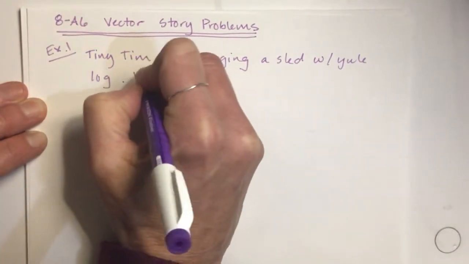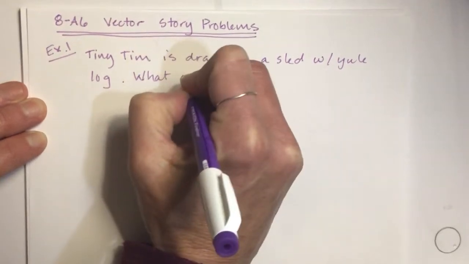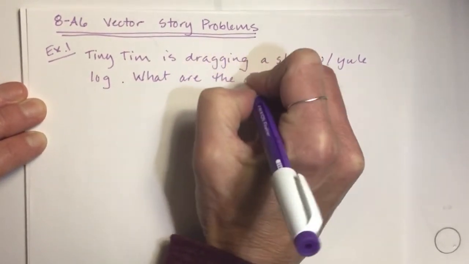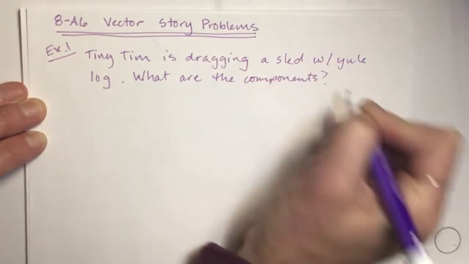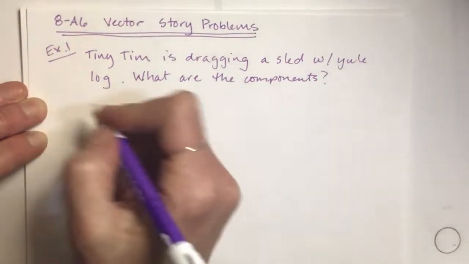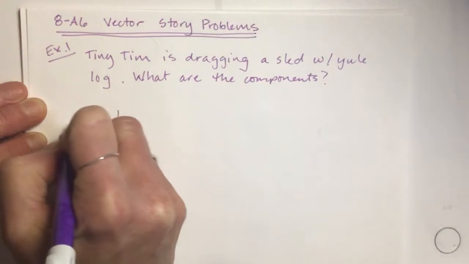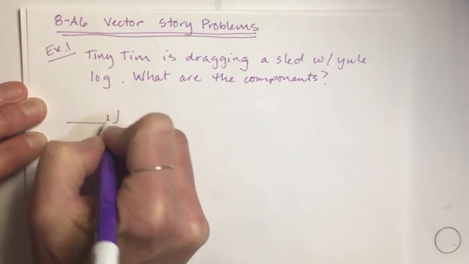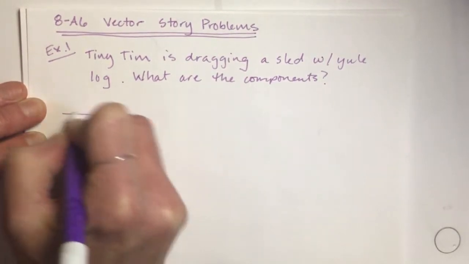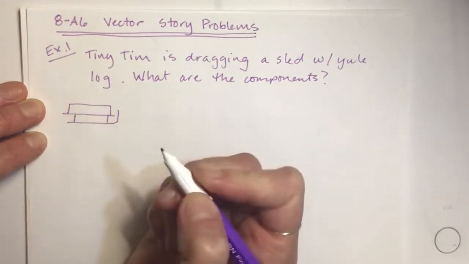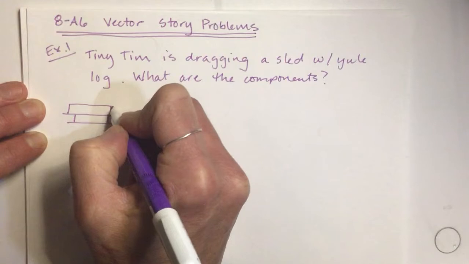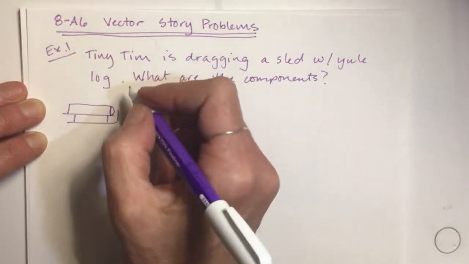What are the components? Okay, so we've got our sled here, the rails, and we've got our Yule log on there. Our Yule log didn't have much of a log to it.